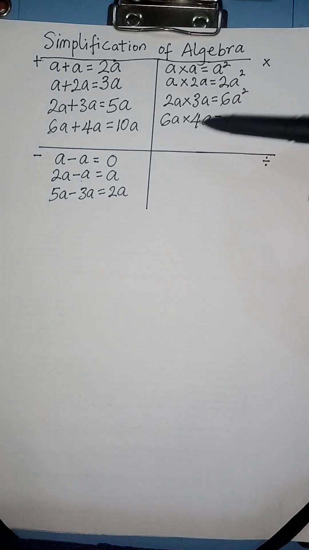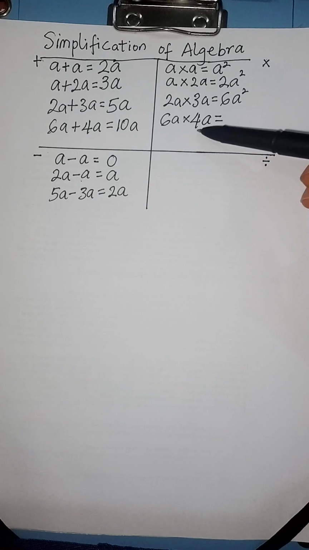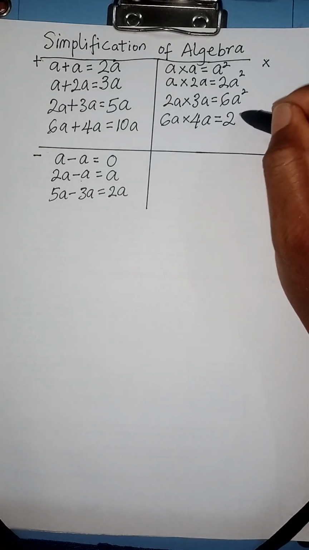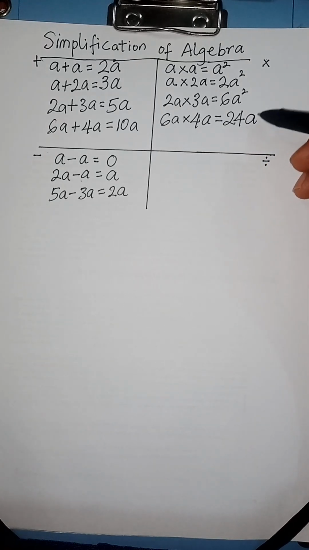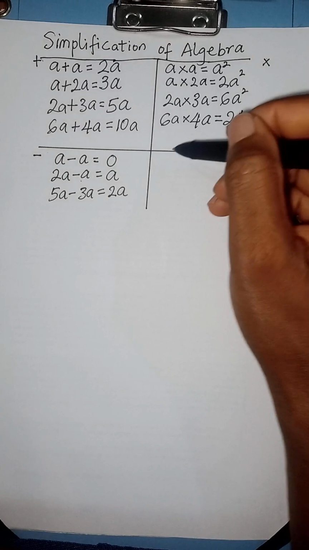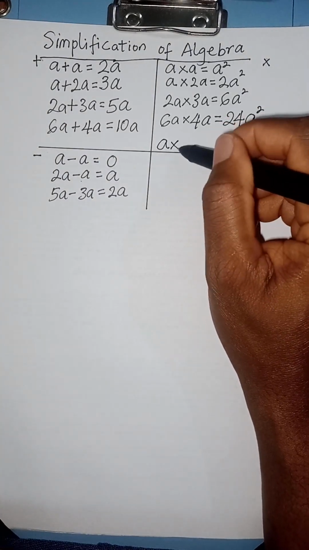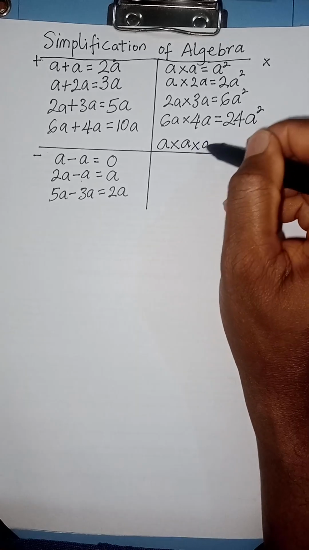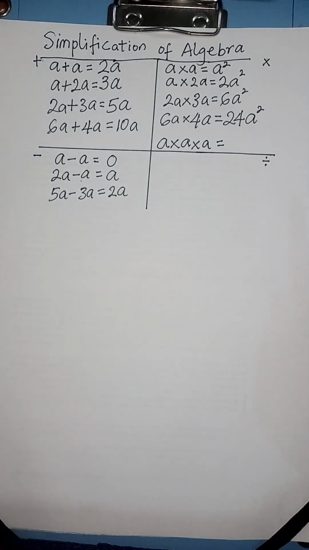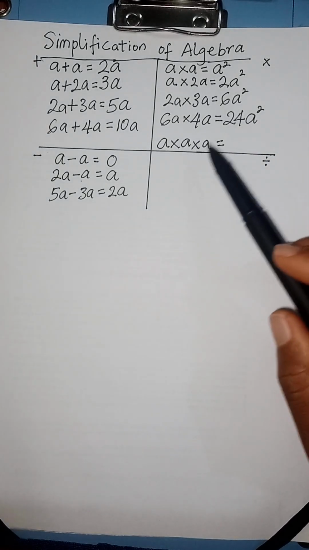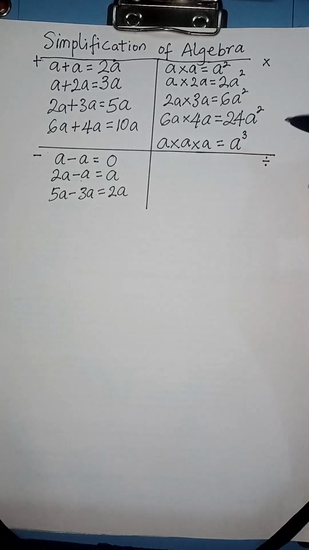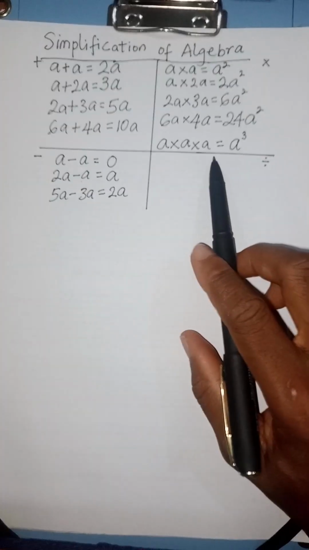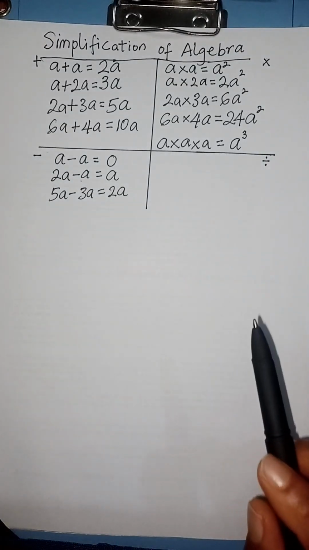So multiply the coefficient, 6 times 4, that's 24. A times a is a squared. Now let's assume I have a times a times a, 3 times. Because a is multiplying itself 3 times, it's going to be a raised to power 3. So the number of a's you have there determines the power.